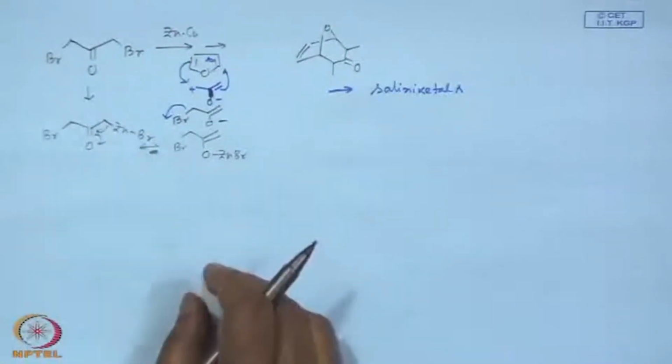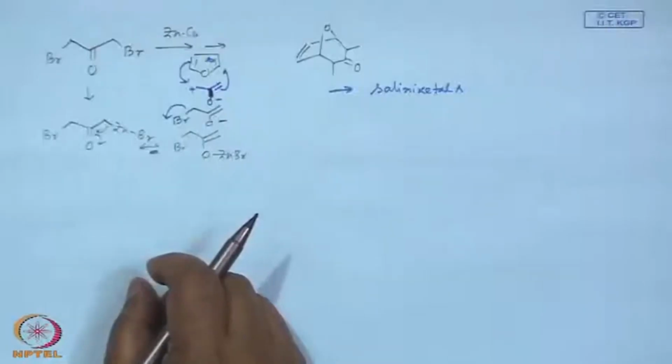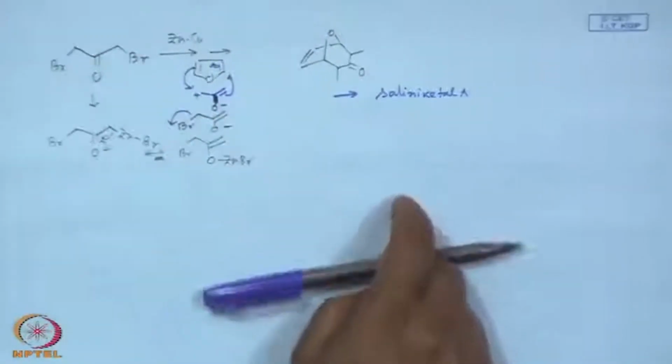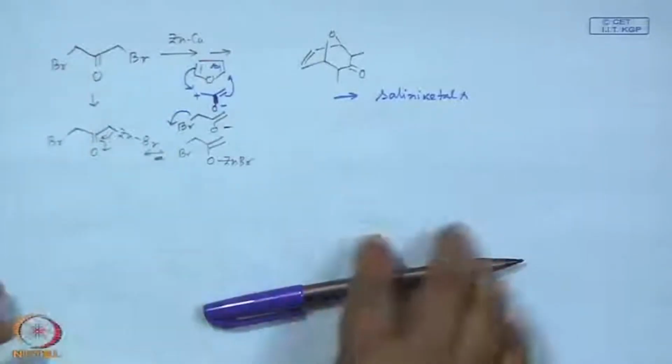This example has many things to be learned. Number one, that alpha, alpha prime dibromo compounds can be oxyallyl cation precursors. Number two, that zinc copper can be used, and then it is restricted to this dienophile, which is diene, which is furan.